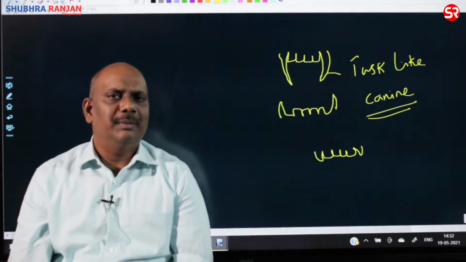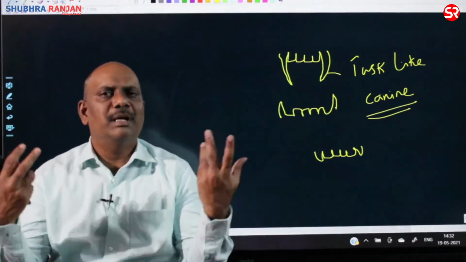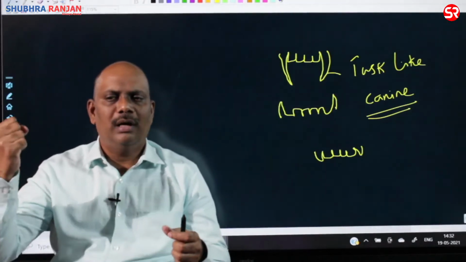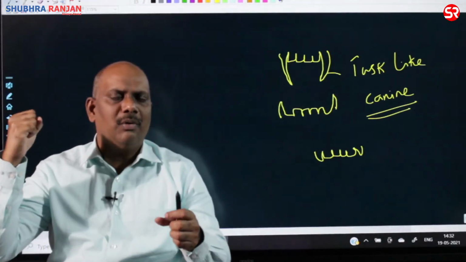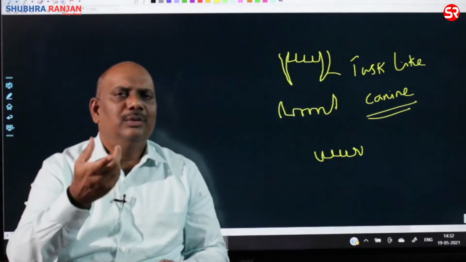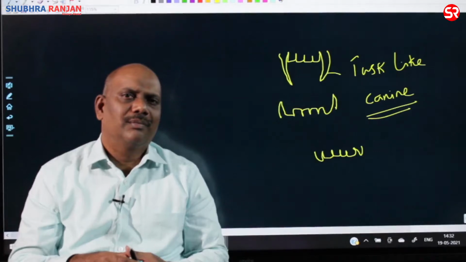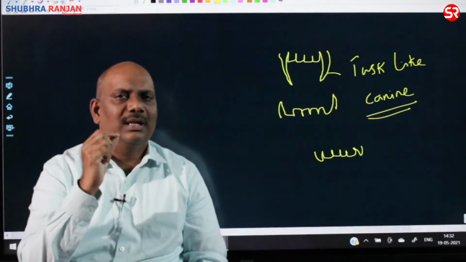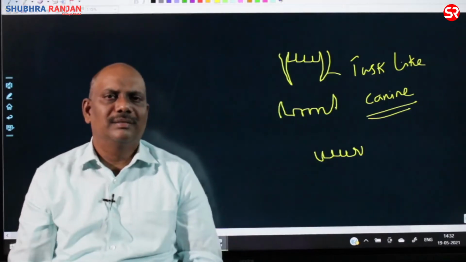But now for Australopithecus, its hand has become free. It can take a stone, it can make a sharp object from bamboo, and it can use that for hunting. There is no need to use its mouth for hunting now. As a result, the use for canines also declined and canines became very small.